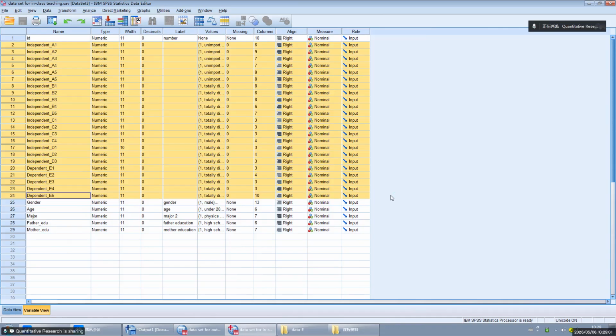Okay, so now we talk about the t-test first. How to conduct this analysis? We follow three steps: operation, interpretation, and report.